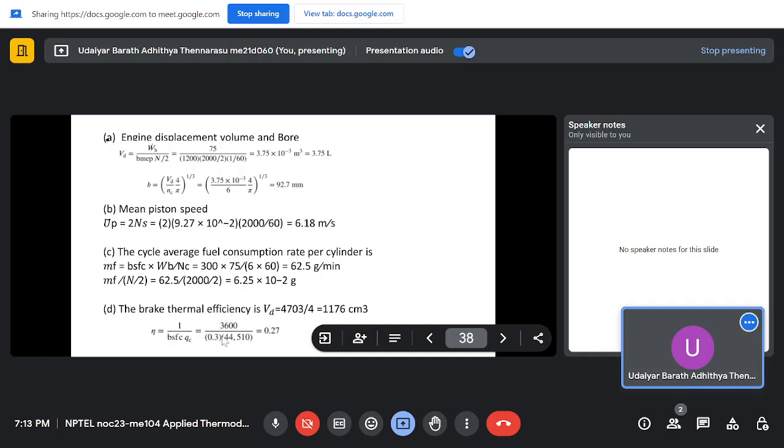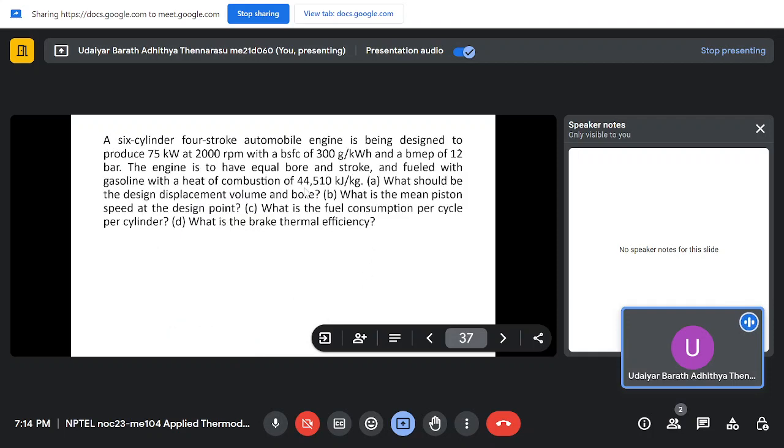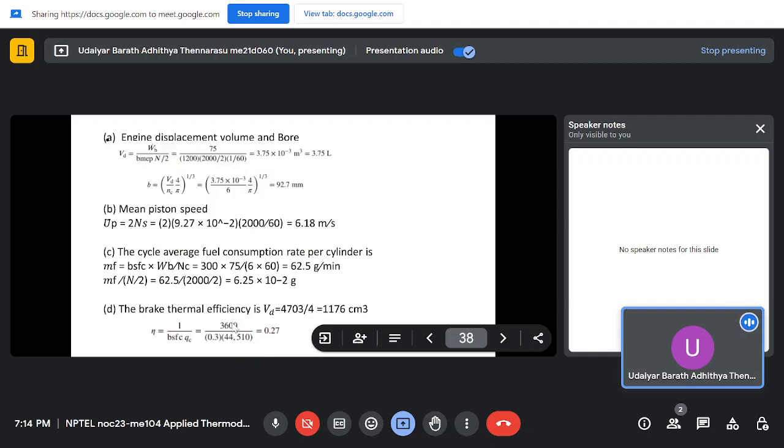So it will become 0.3 divided by 3600 in terms of watt per second. Using that, divide by calorific value, which is given as 44,510. Substituting that, we will get 0.27 as the brake thermal efficiency.